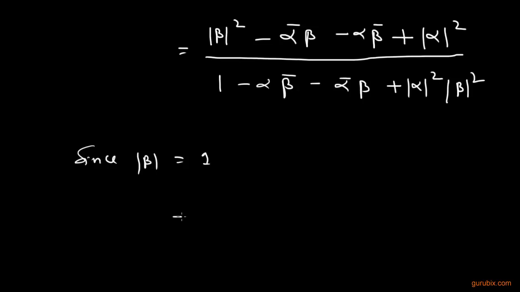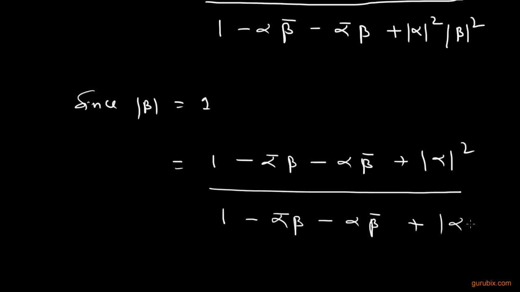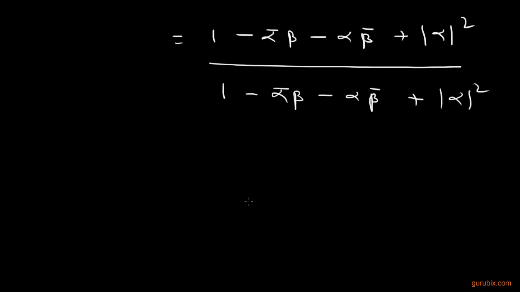Then this value will be 1 minus alpha conjugate beta minus alpha beta conjugate plus |alpha| squared. The same expression appears in the numerator, so this value is equal to 1.